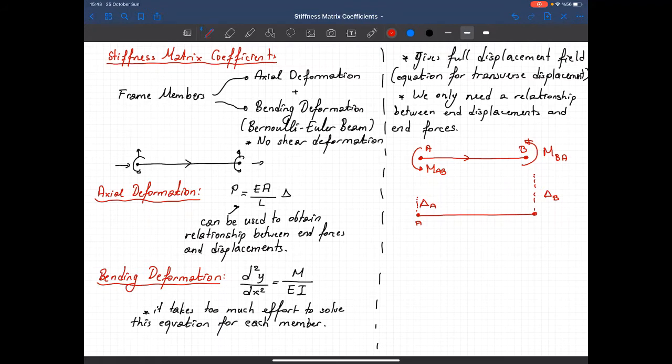And one of the parameters that we use to define the end translation is the chord rotation. We call it the phi angle. And then we can have a rotation at A, we can have rotation at B, and that's the deformed shape.